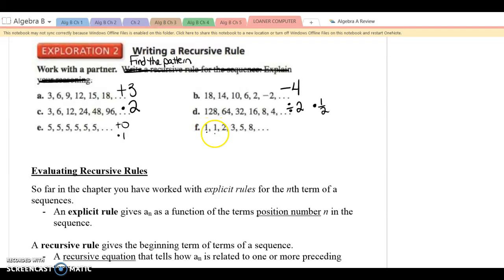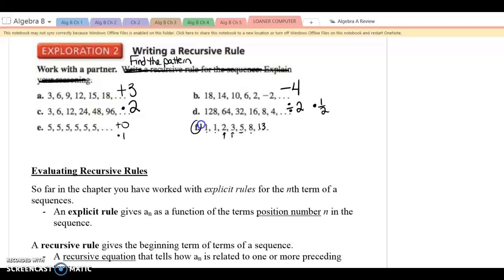So 1 plus 1 is 2. 2 plus 3 is 5. 3 plus 5 is 8. 5 plus 8 would give you the next term, 13. 8 plus 13 would give you the next term. So in this sequence, you add the 2 previous terms to get the next term.